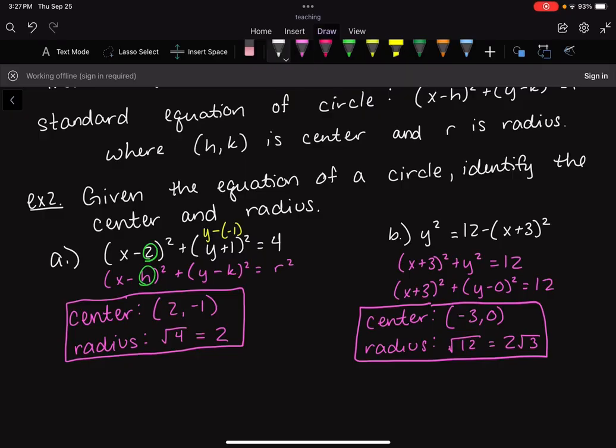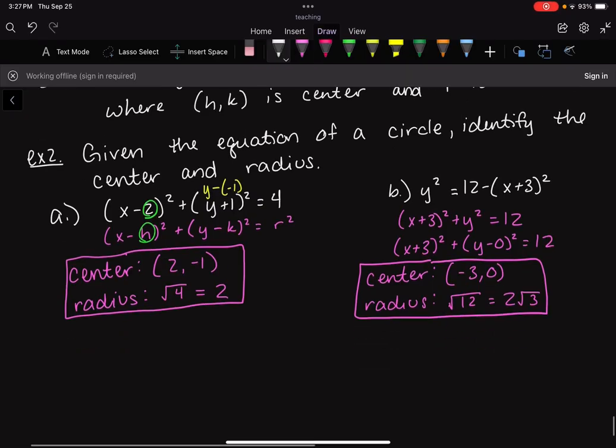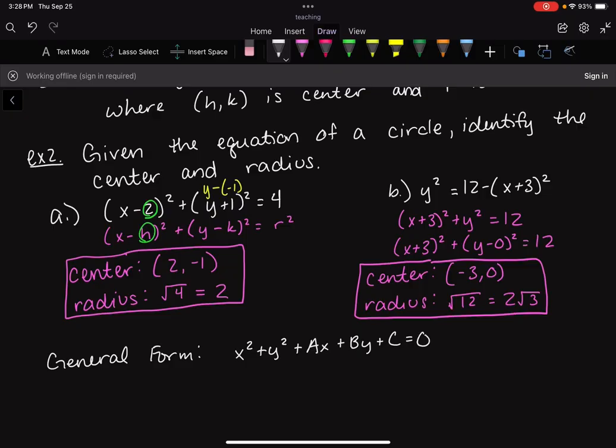There's also another form that you could see circles in, and it's called the general form. And it looks like this: x^2 + y^2. Oh, I need some variables, sorry. X^2 + y^2 + ax + by + c = 0.